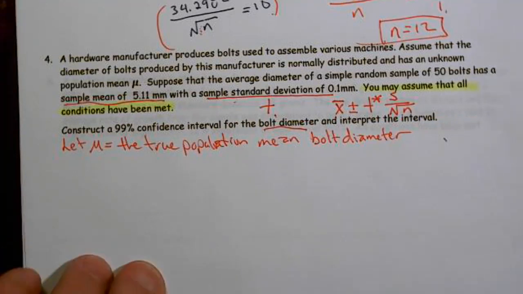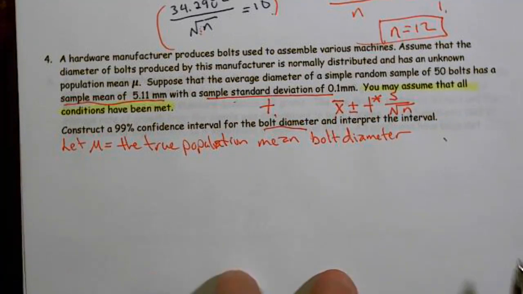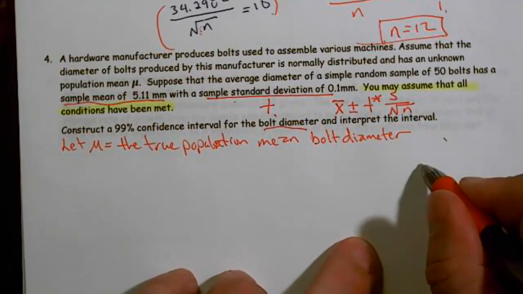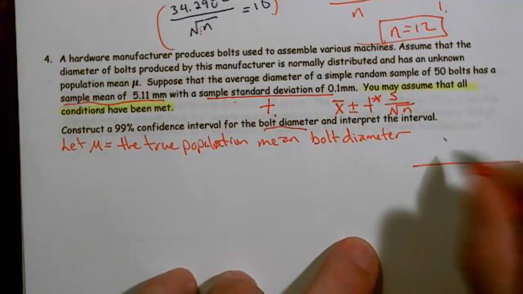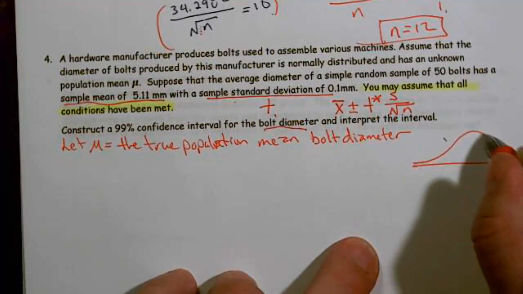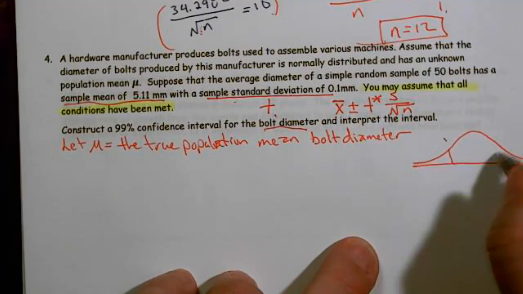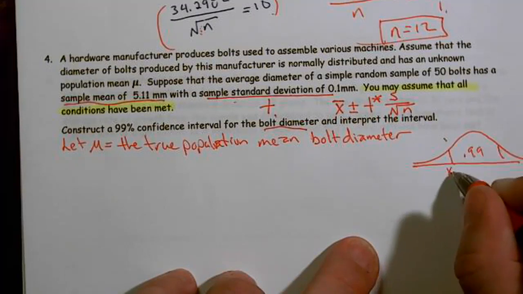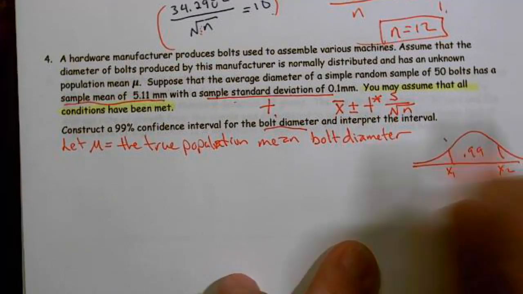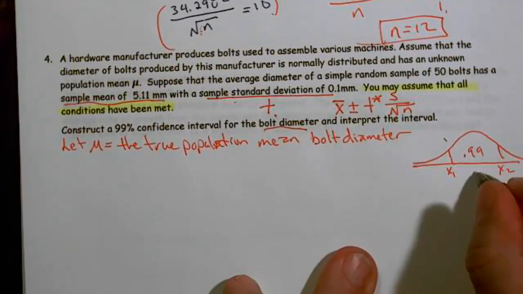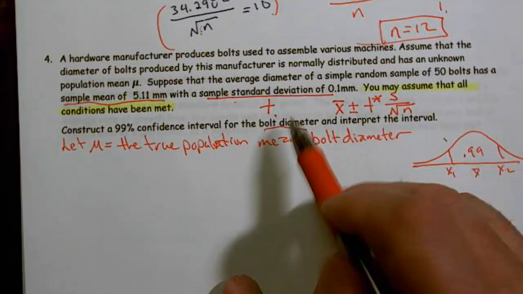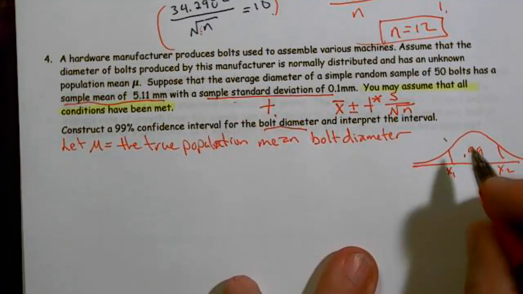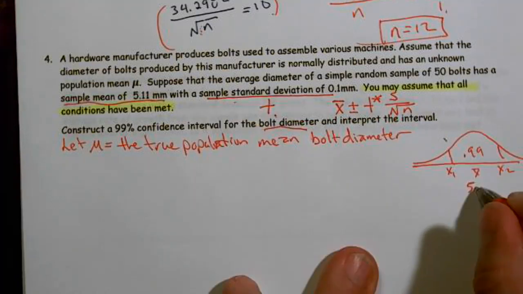All right, so they want us to calculate a 99% interval. So this is what we're actually doing. This area needs to be 0.99, and I'm looking for this value and this value. We have a sample mean, a sample x bar, and that sample x bar is 5.11.